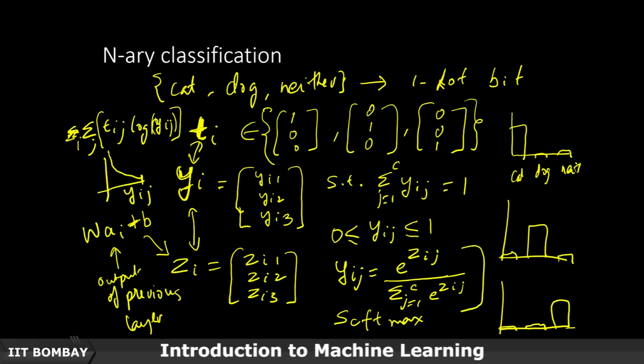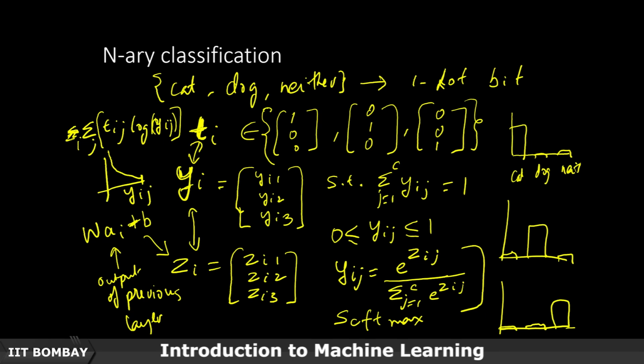Another thing to note here is that if you look at this softmax function and you assume that c has only two values, so c can be either 1 or 2, then this quickly can be transformed into the logistic function, except that we will have to take zi1 minus zi2. In those terms it will come out to be a logistic function.